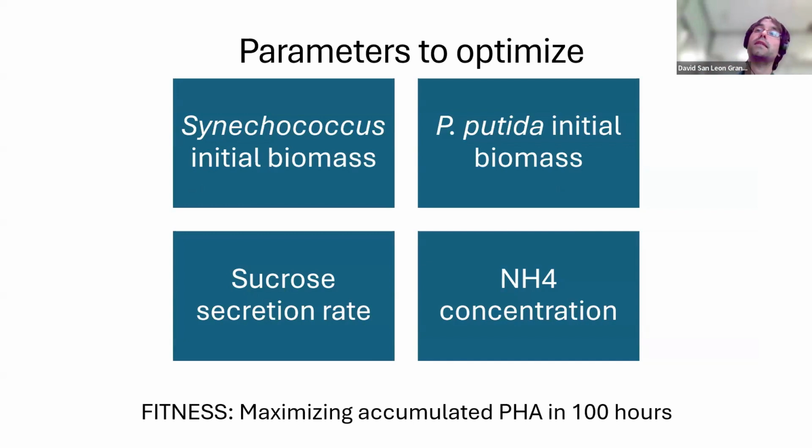And of course, the fitness is the accumulation of PSA, in that case over 100 hours, because the system is continuous. As you can imagine, while it is alive, Synechococcus should produce sucrose all the time, so if we don't stop it, it will continue and the medium will almost finish.